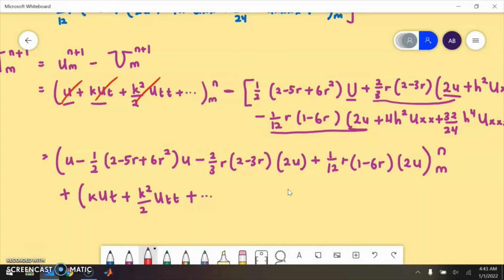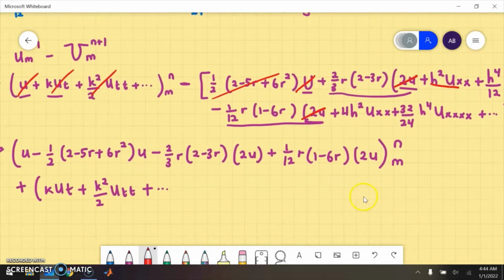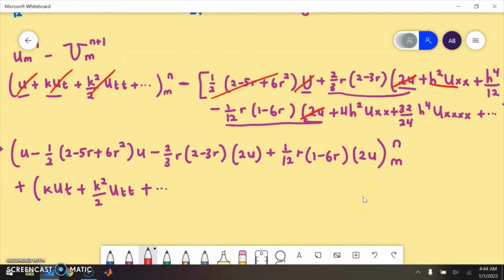I've written this thing, and I've considered this term, this term, and this term. The next term is no longer this term, it is h² u_xx here. So don't forget positive, negative.